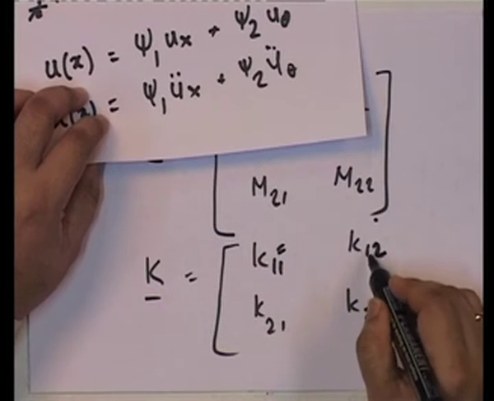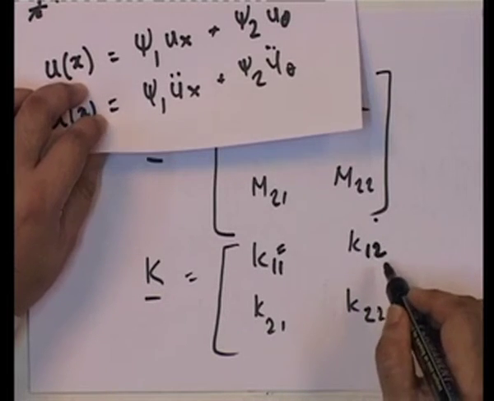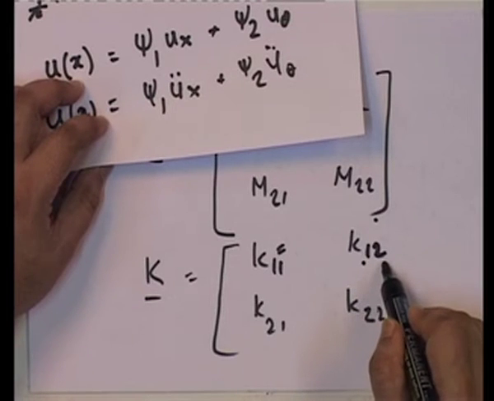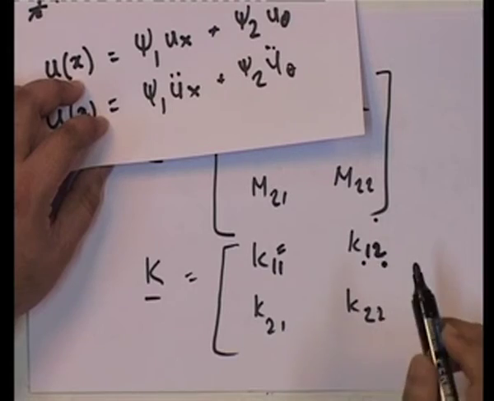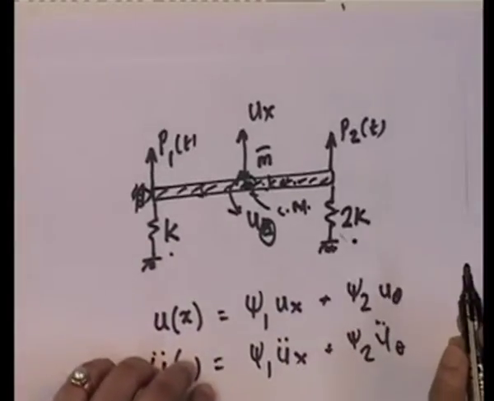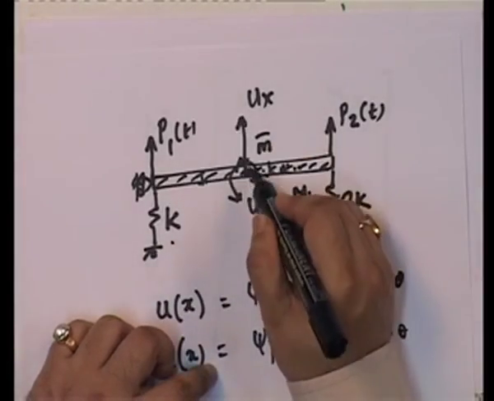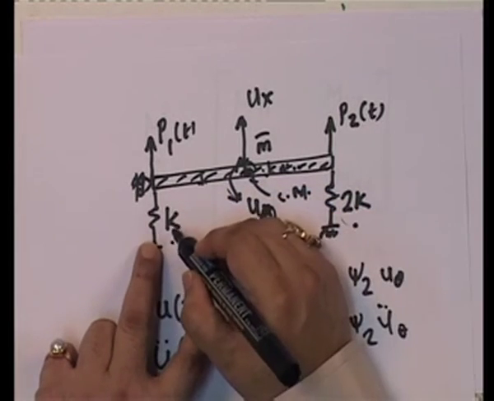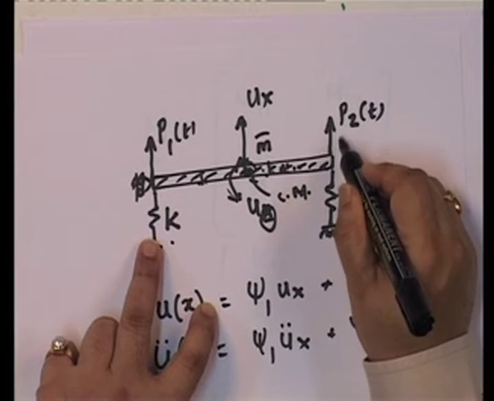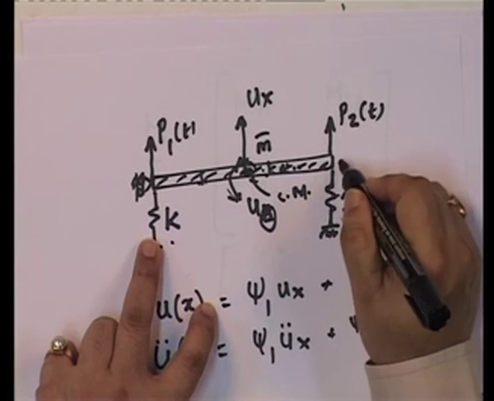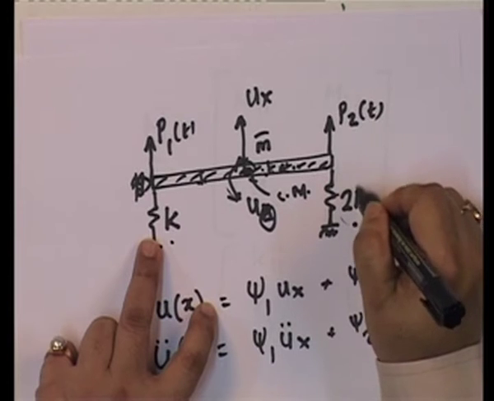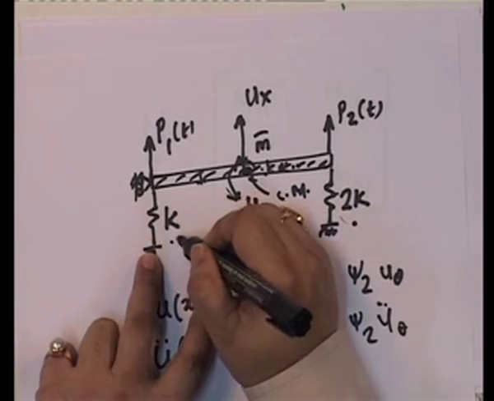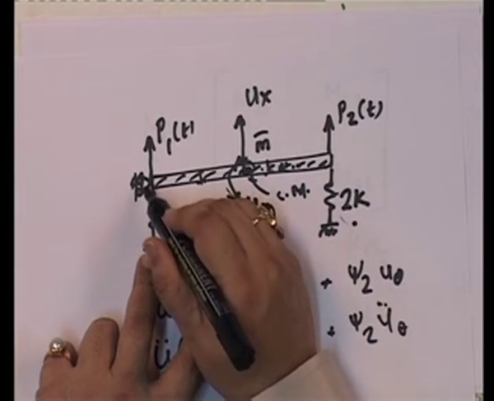What is K12? This is the force at 1 due to a displacement corresponding to 2. So, it is the force corresponding to this. If I give a unit rotation here, this one becomes 2k into L by 2, so it becomes kL, and this one goes the other way.